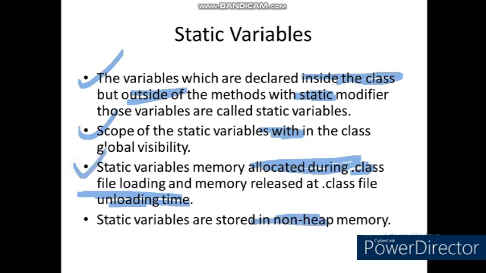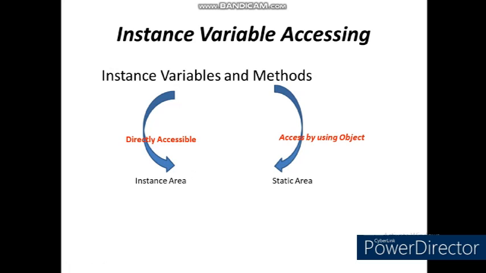So when the dot class file is loaded, that time the memory is allocated, and when the dot class file is unloaded, that time memory is released for static variables with global visibility. The memory is allocated only one time, per class, for these static variables. Okay, so this is all about the static variables.